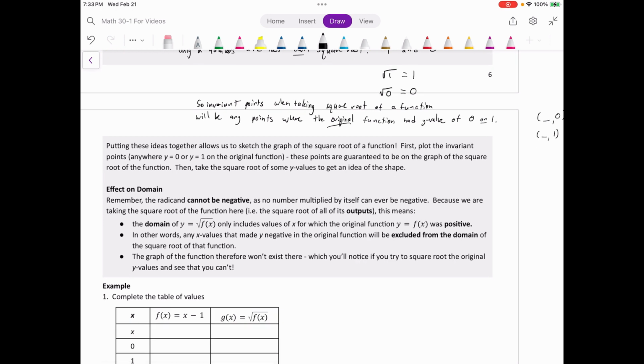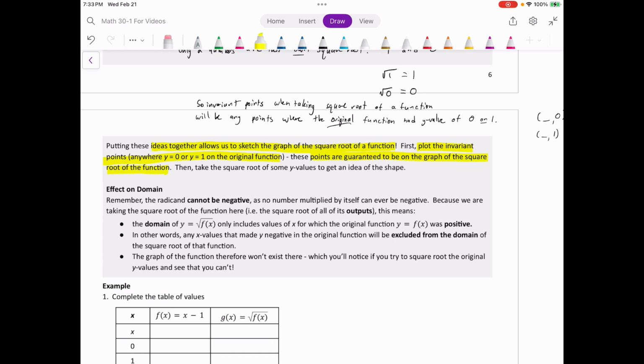So putting these ideas together allows us to sketch the graph of the square root of a function. This gives us a really good starting point. First, we're going to plot the invariant points, anywhere y is 0 or y is 1 on the original function, because those points are guaranteed to be on the graph of the square root of the function. And then from there, you just take some square roots to get a general idea of the shape.